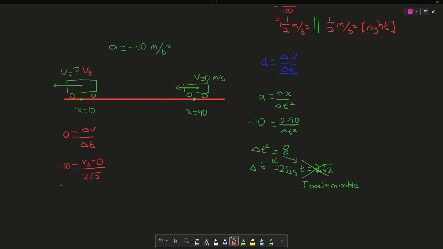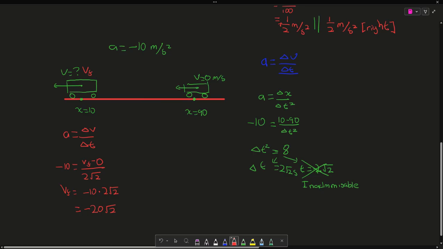So v of f is negative 10 times 2 root 2, and that would be equal to negative 20 root 2.